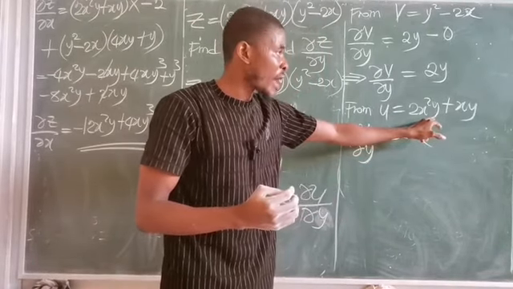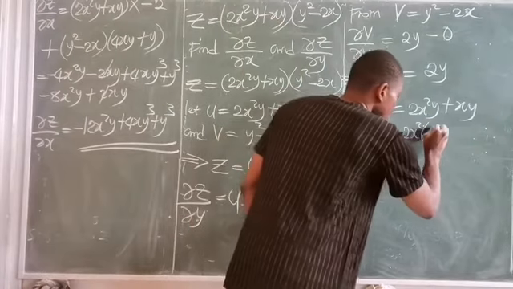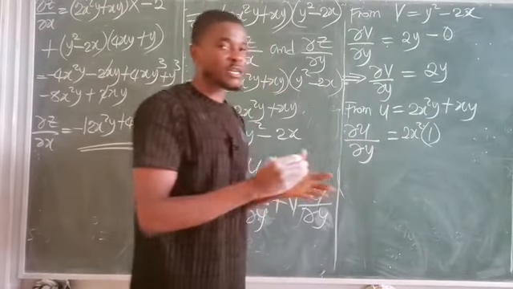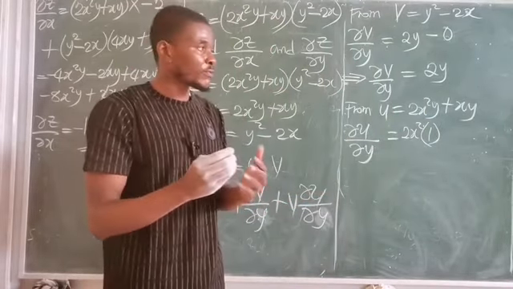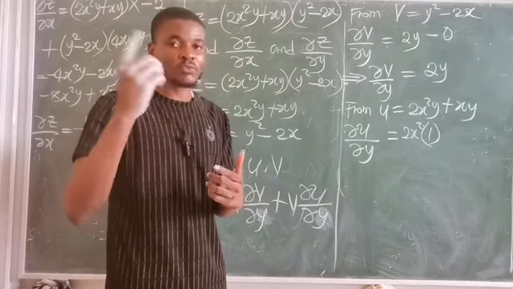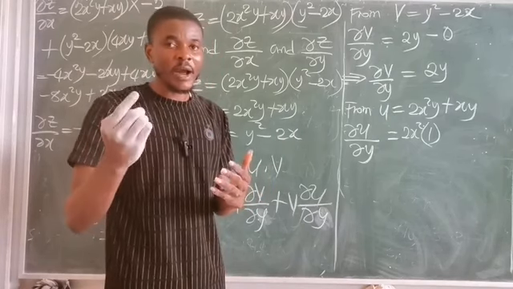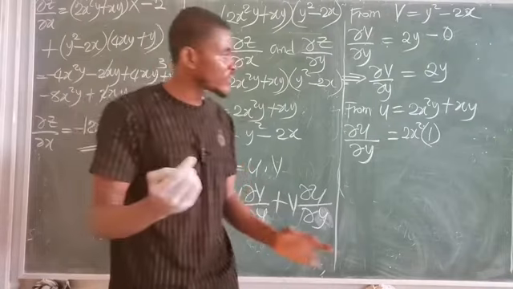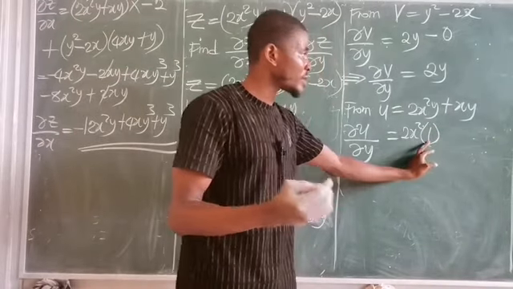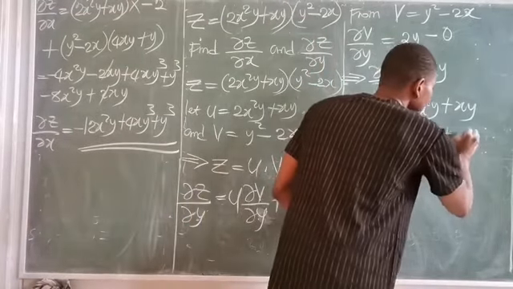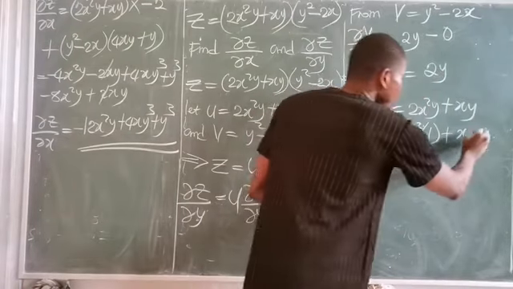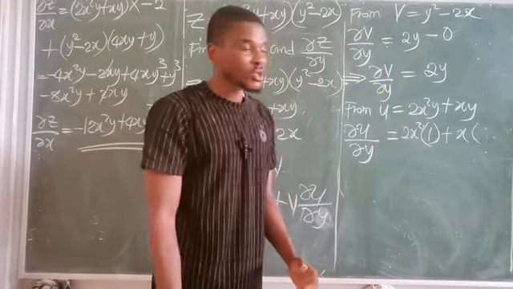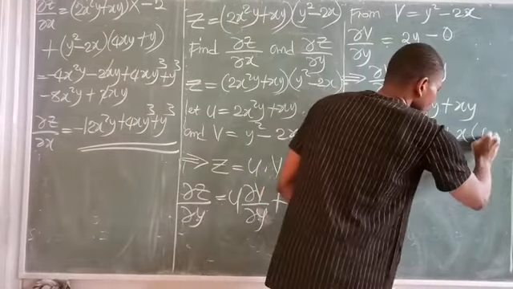If I differentiate y here, I will simply have 1, because this is the same as saying y to the power of 1. From the formula, use 1 to multiply y, then subtract 1 from 1. It becomes y raised to the power 0, which is 1. So differentiating y, I will simply have 1. Plus also keep x here as constant. I only want to differentiate y. So if I differentiate xy, I will also have x.